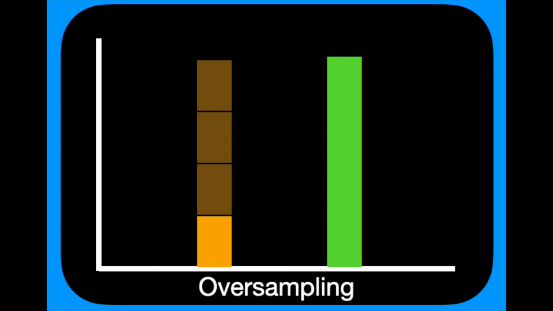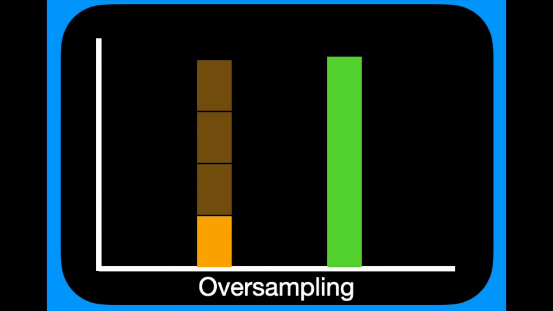So in this situation, the minority class is shown in orange, and the majority class is shown in green. Now you can see above the first block of the minority class, we have these shaded out orange blocks.